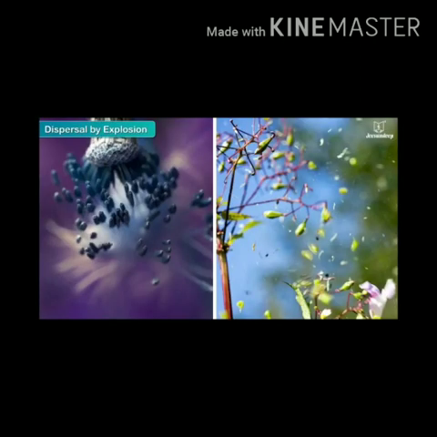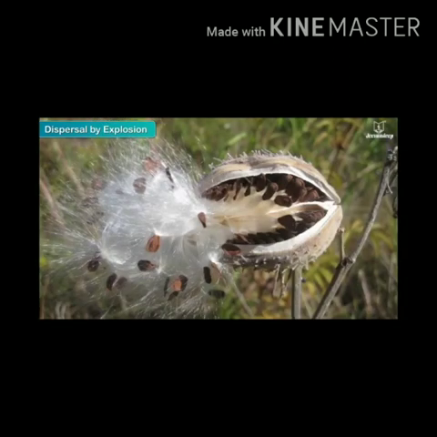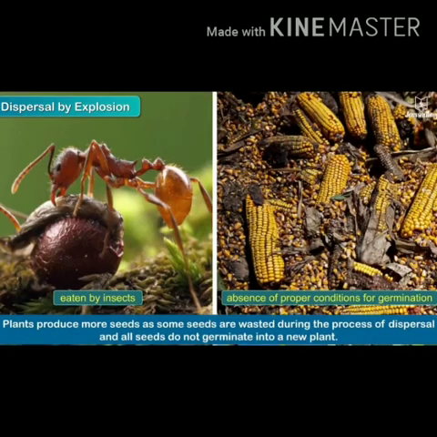Now we'll see the dispersal of seeds by explosion of fruit. Sometimes pods of some plants burst open on ripening, scattering seeds over a distance. Plants produce more seeds as some seeds are wasted during the process of dispersal and not all seeds germinate into a new plant.